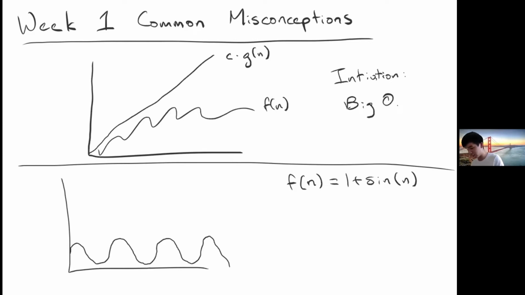But we can see that it's contained by the line g of n equals 2, and in particular that implies f of n is O of 1. The takeaway is that for functions that don't have nice limits, or aren't smooth enough to take a limit, you might want to use other tricks instead.